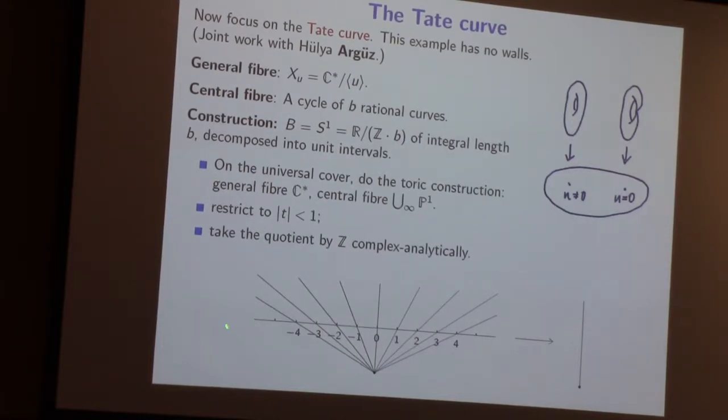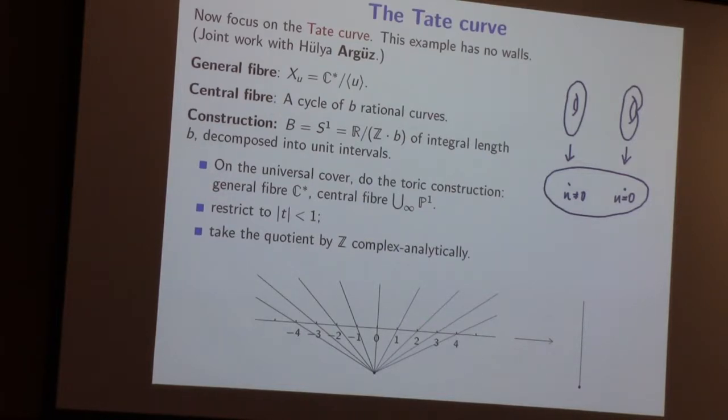What you do to construct this is a purely toric construction. You take this infinite fan, and then each of these lines gives a certain degeneration, with a map of fans to this upper line. And the toric variety here is actually trivial.